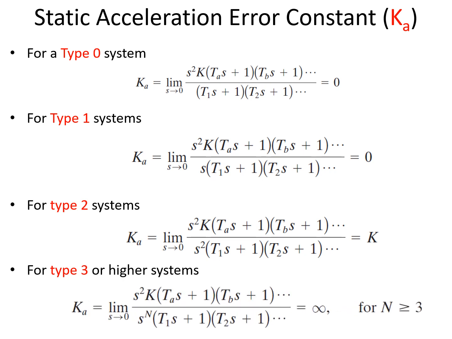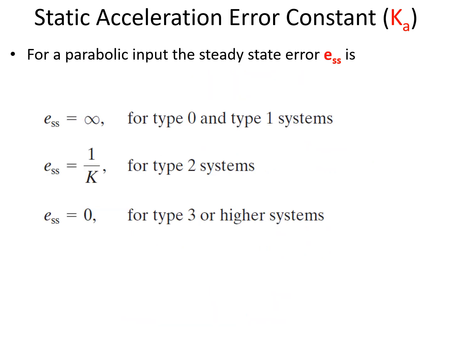So for type 0 and type 1 systems, the Ka value is 0. For a type 2 system it is a finite value, which is nothing but your DC gain. Ka is infinity for the higher order systems. And similarly, if we evaluate the error values for the acceleration error constant, ESS is infinity for type 0 and type 1, ESS is 1 by K for type 2, and ESS is 0 for type 3.